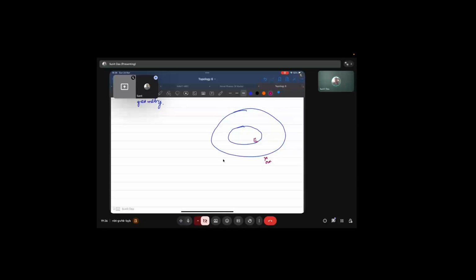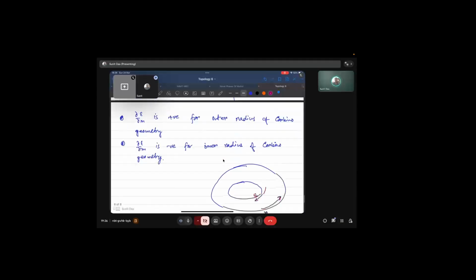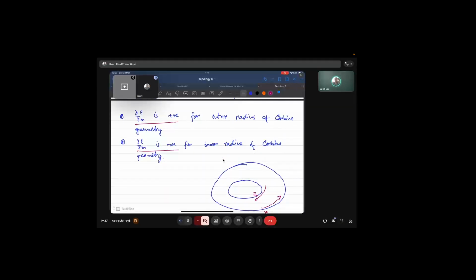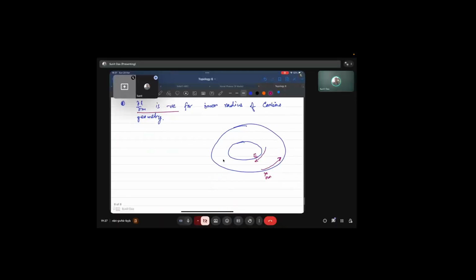Along this you have a positive velocity, but at R inner you have the opposite velocity. So one is positive and one is negative, right? So the electrons at the two edges flow in opposite directions, right?